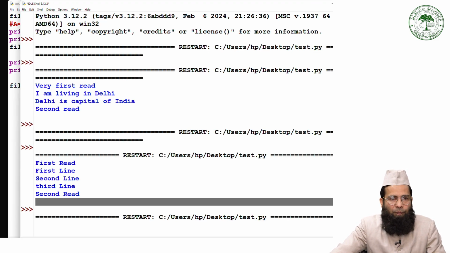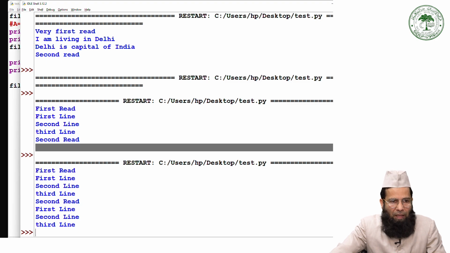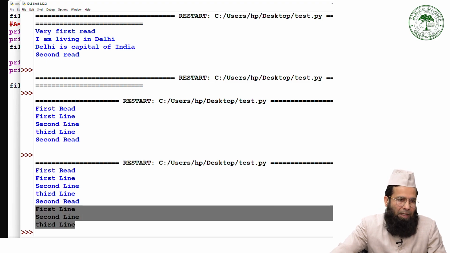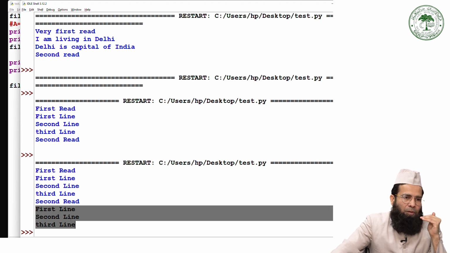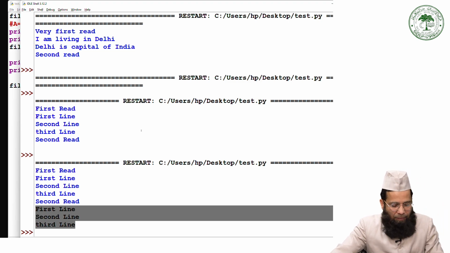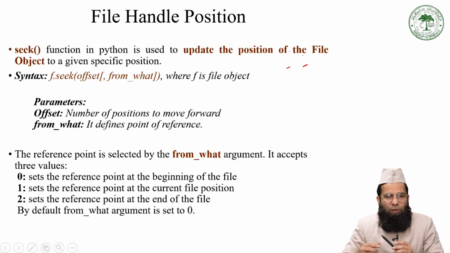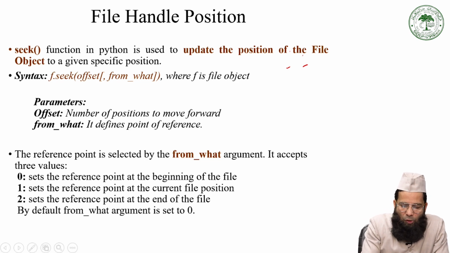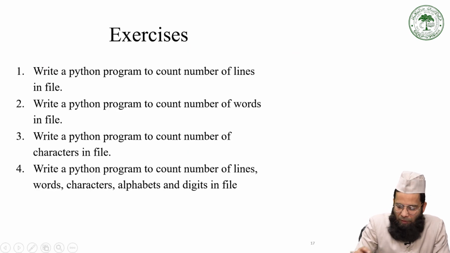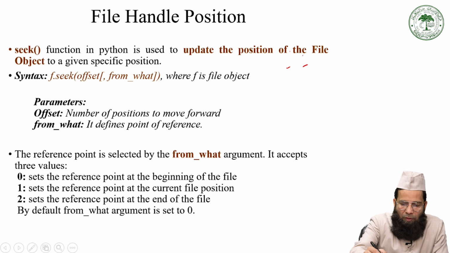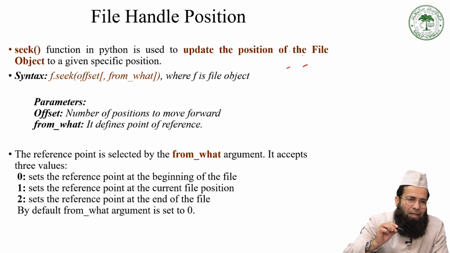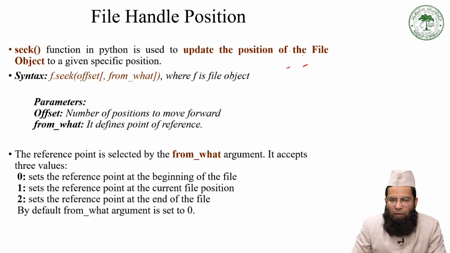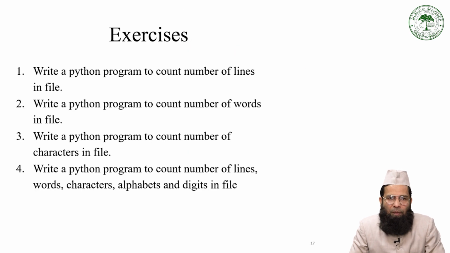You can see here, after the second read, I am again getting the content, since it has moved my file pointer to the beginning of the file, right? Now I am switching to the PPT. So this is the purpose of seek. By default, your from what will be 0, right? So in this case, you can move your file pointer.